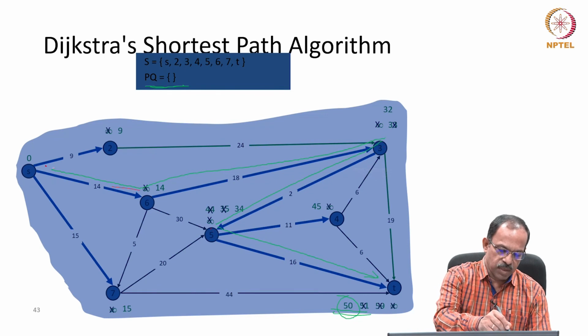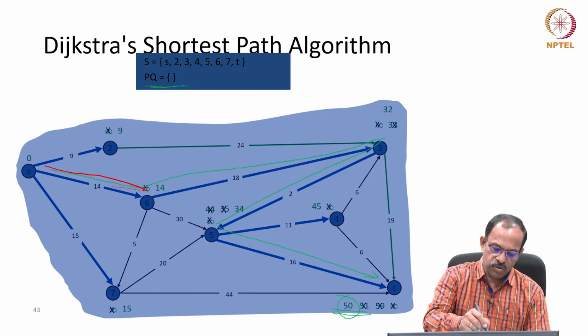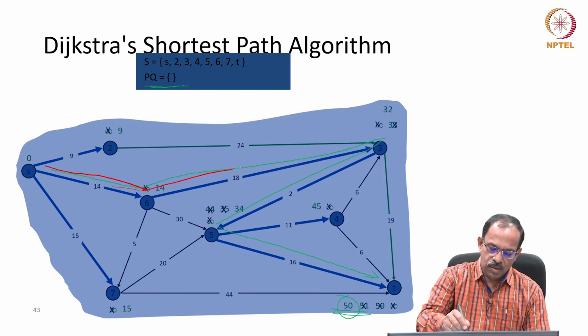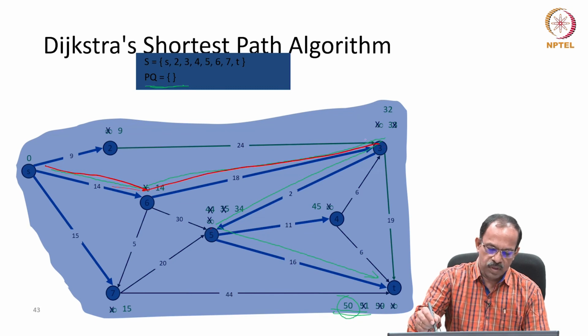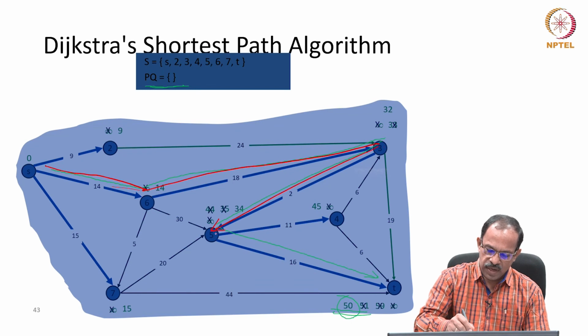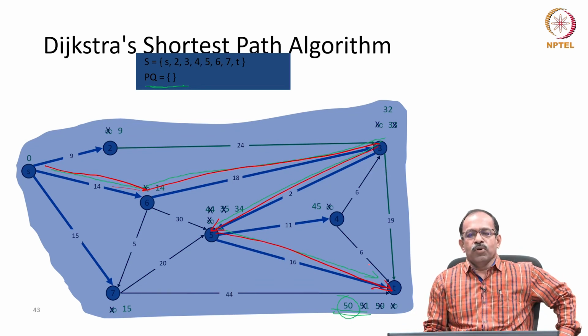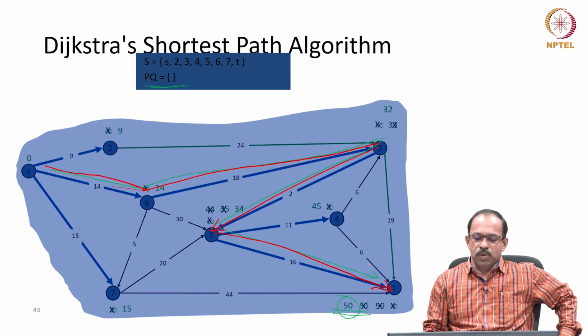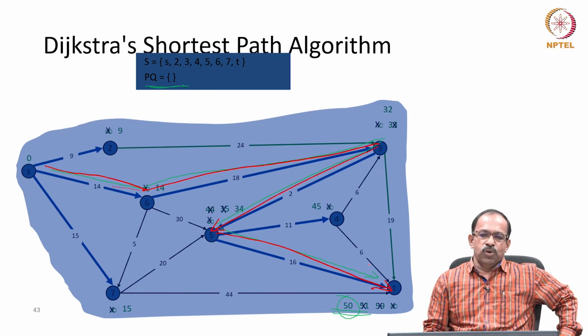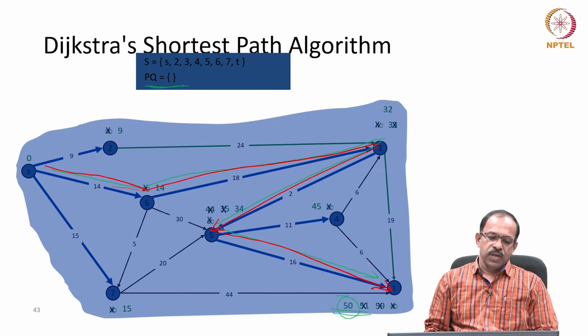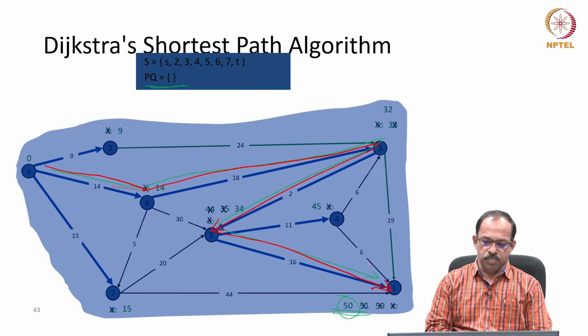So, this becomes the most economical path: start to 6, 6 to 3, 3 to 5 and then 5 to the target. So, that will be the most economical or the most optimal path for the robot to travel. So, this is basically Dijkstra's shortest path algorithm.